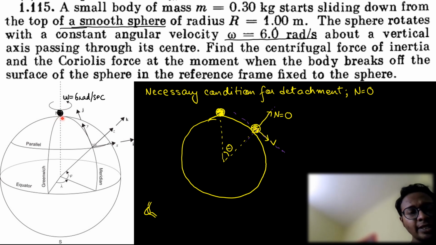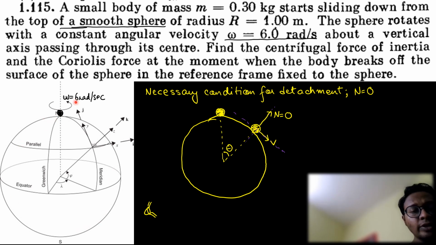Air cushion means the ball is not in direct contact with the sphere. Now this ball is falling like this. Will it matter how fast I rotate this sphere? No, because the air cushion is only detaching the ball from the sphere.